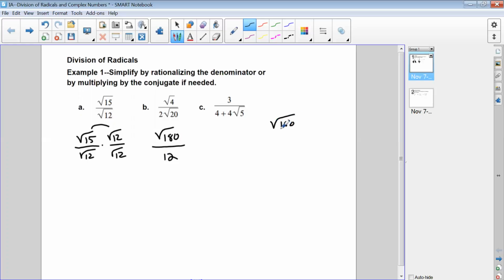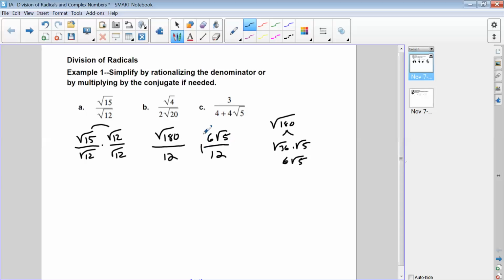So again, we want to simplify the square root of 180. That would be the square root of 36 and the square root of 5, so this simplifies to 6 times the square root of 5. So I get 6 times the square root of 5 divided by 12.